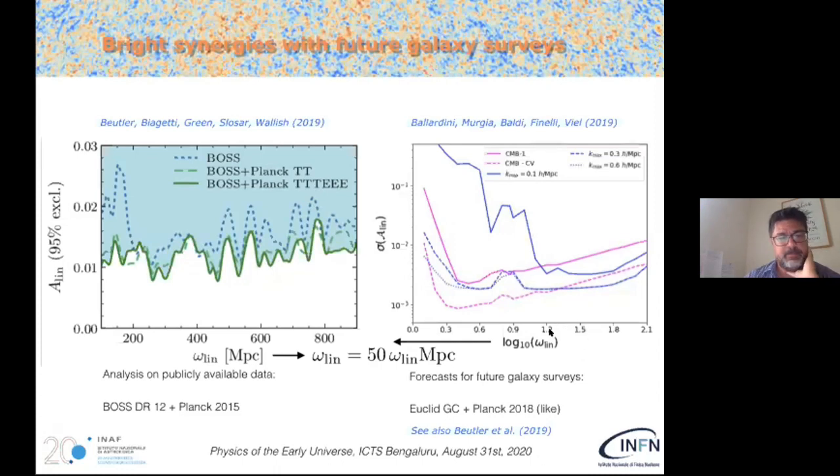First, that including nonlinear scales is important to show how these galaxy surveys could be competitive with the current CMB measurements in constraining the amplitude at the same level.